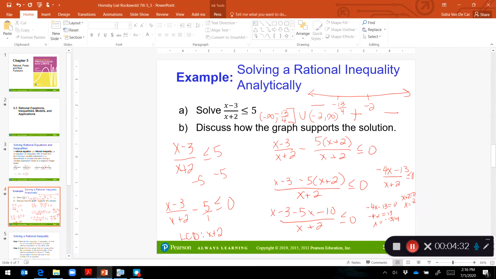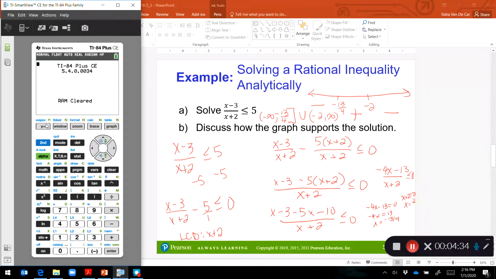Let's verify that with our calculator. So if I go over here and I graph x minus 3 divided by x plus 2, and then I graph 5.